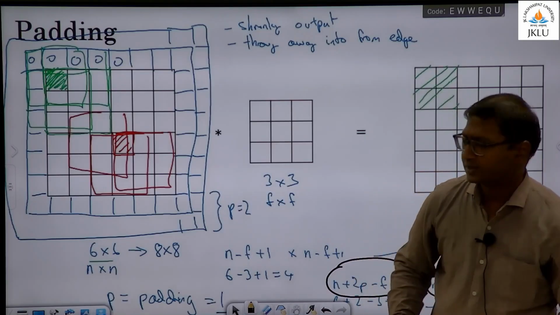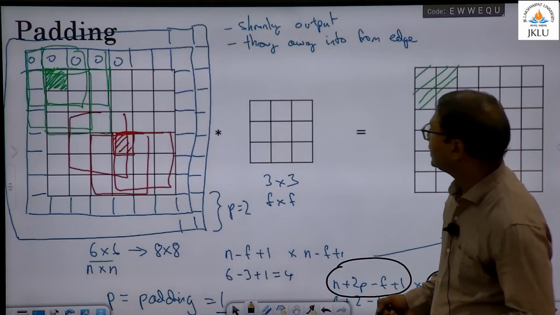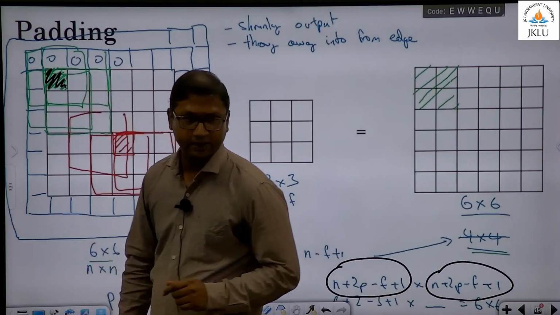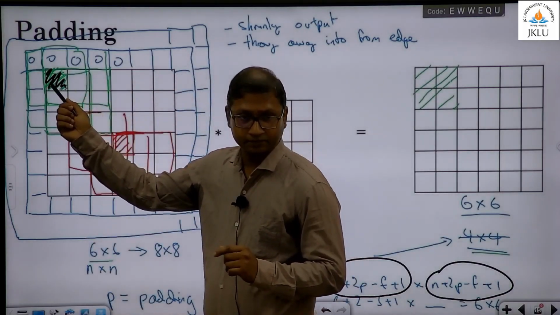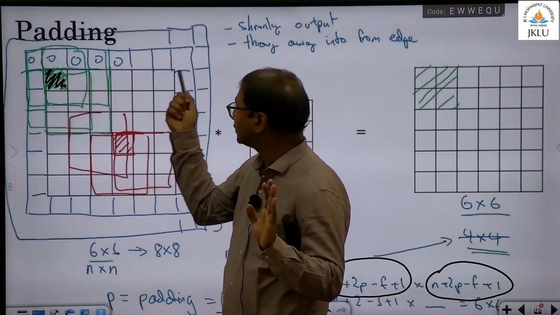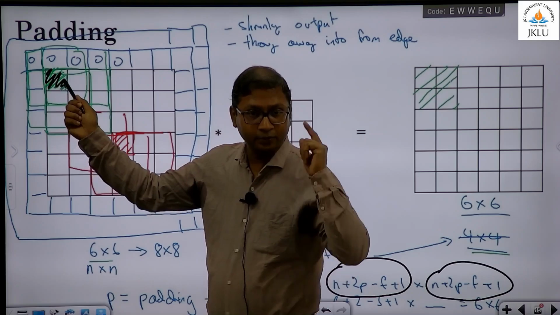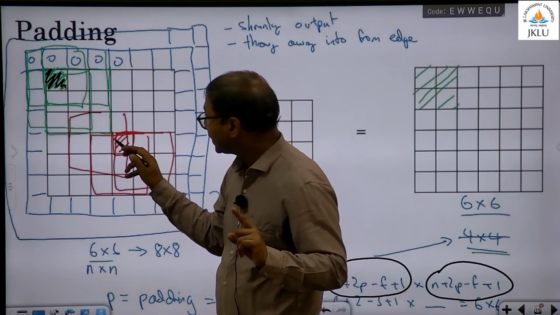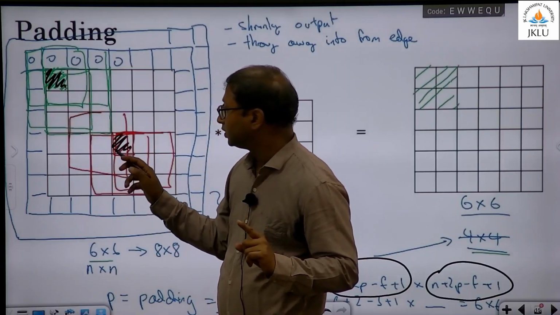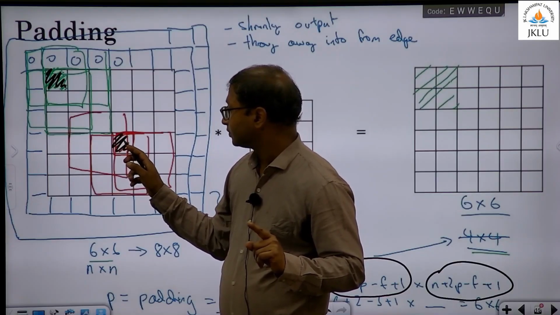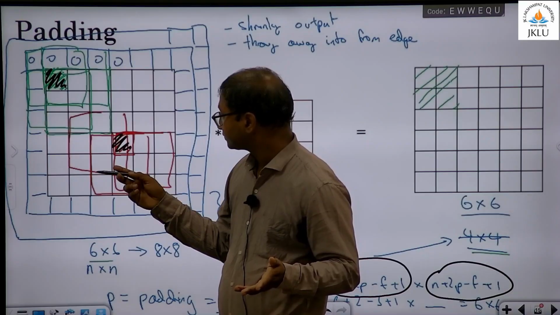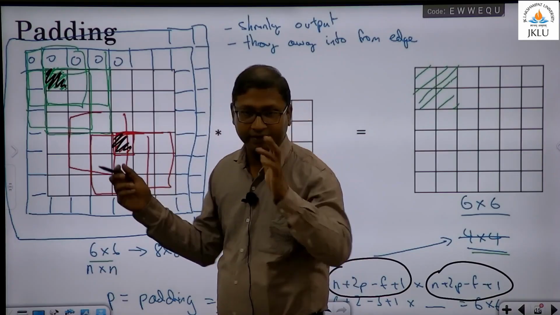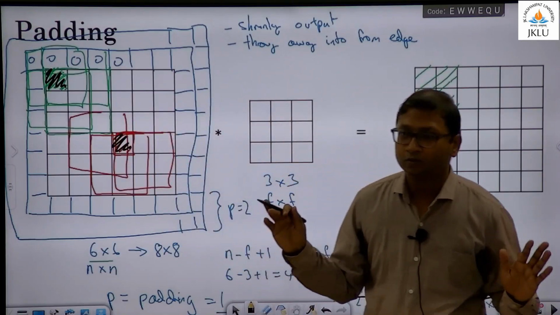Yes. So if you see here, the contribution of this particular pixel is just once, right? If you take convolution of the original image, this will be contributing just to the first convolution, whereas this particular one will be contributing to how many? 8 or 9? So 1, 2, 3, 9, maybe, but much more than 1.